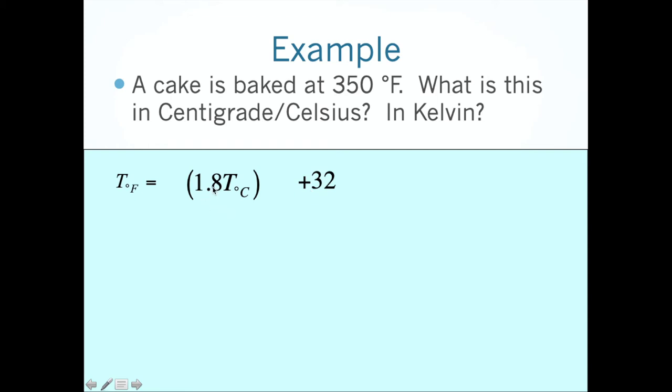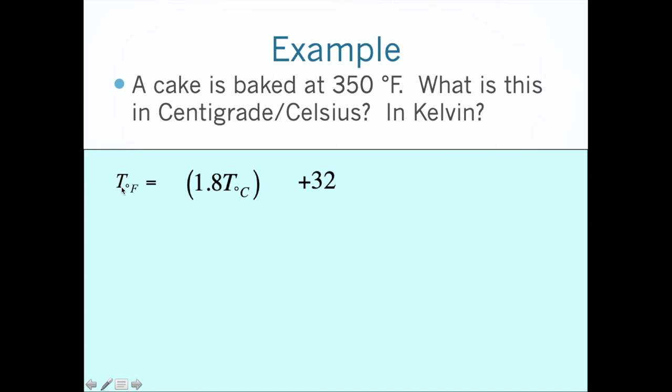Now the 1.8 and the temperature in Celsius are tied together in these parentheses. For the same reason that you do that first when doing a calculation, for moving things you've got to do that last. So first we want to move our 32 to the opposite side. Since it's plus 32, we subtract 32 to move it to the other side.